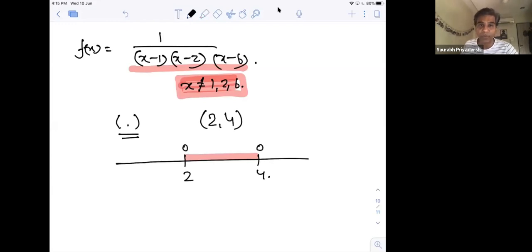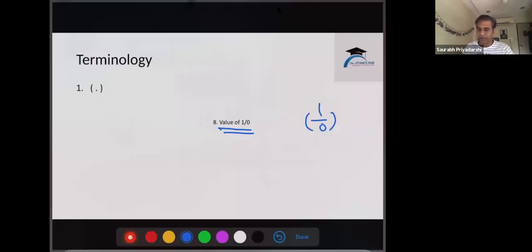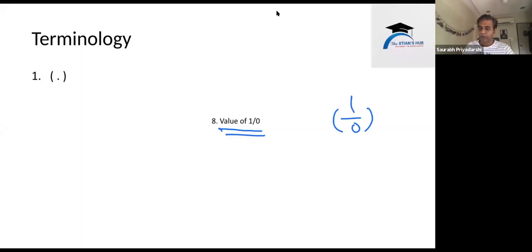This is known as the open bracket, right? So we are saying the number lies between 2 and 4, not including 2 and not including 4. So it's called the open bracket.